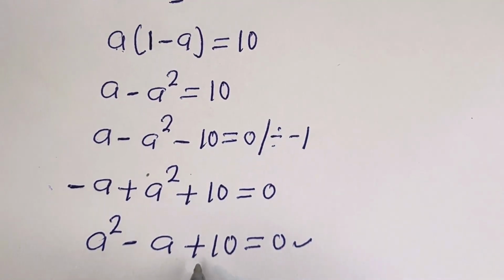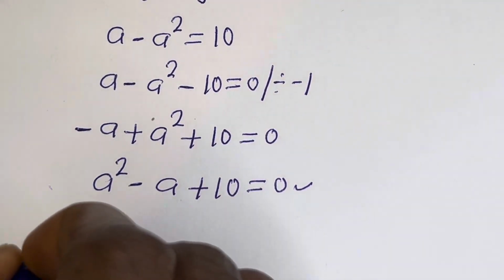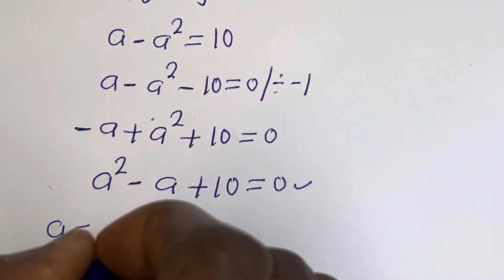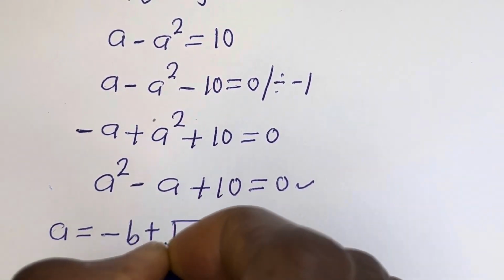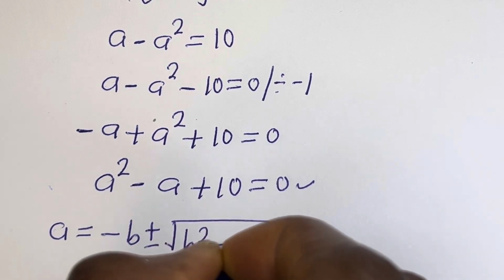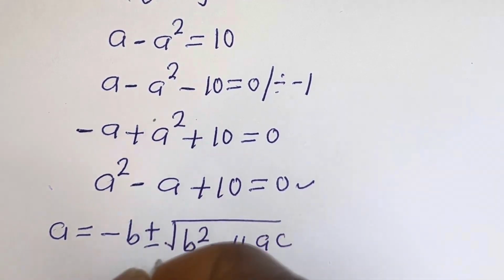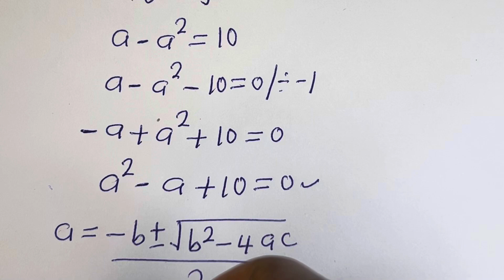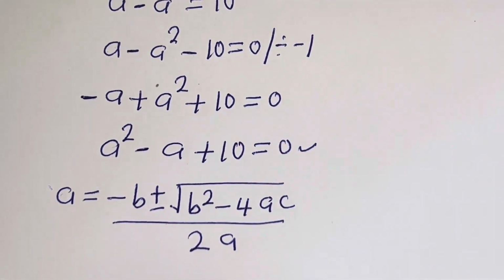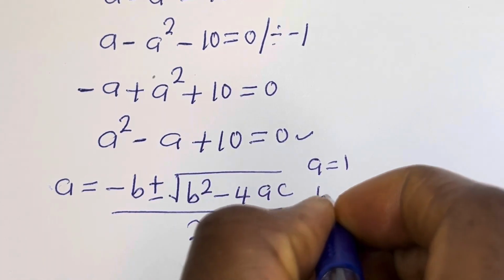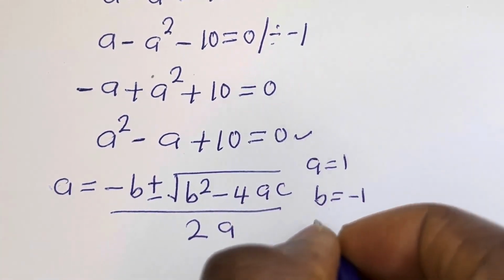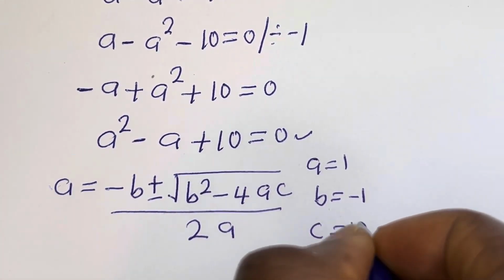Let's solve this using the quadratic general formula: x is equal to minus b plus or minus square root of b squared minus 4ac, over 2a. Now from this equation, a is equal to 1, b is equal to minus 1, c is equal to 10.